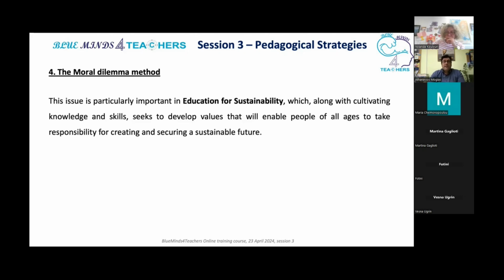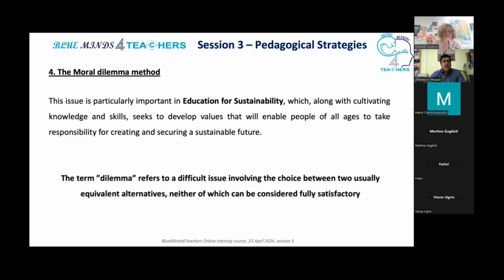Along with cultivating knowledge and skills during our environmental education projects, this seeks to develop values that will enable people of all ages, there is no limit regarding age in this, to take responsibility for creating and securing a sustainable future. And what is a dilemma after all?